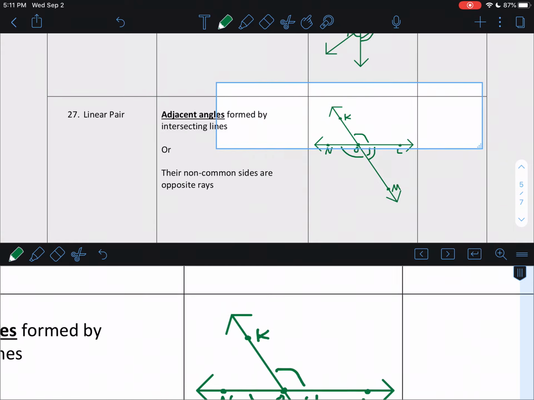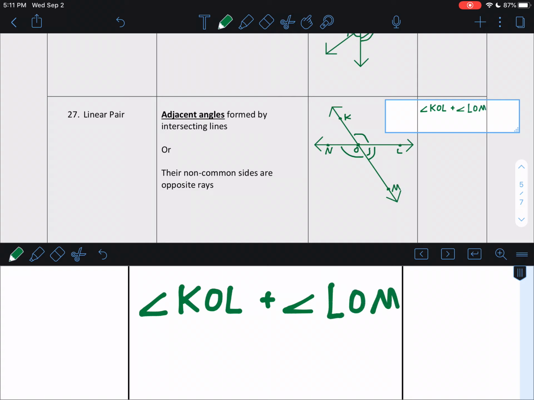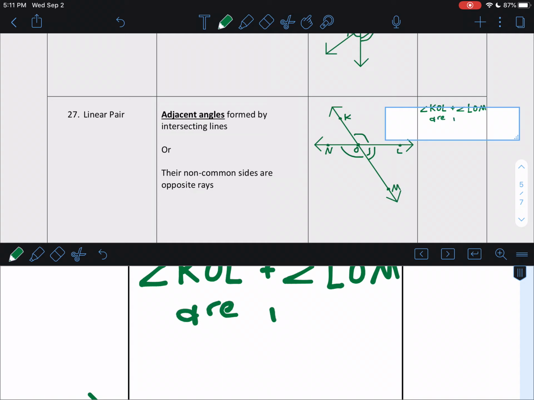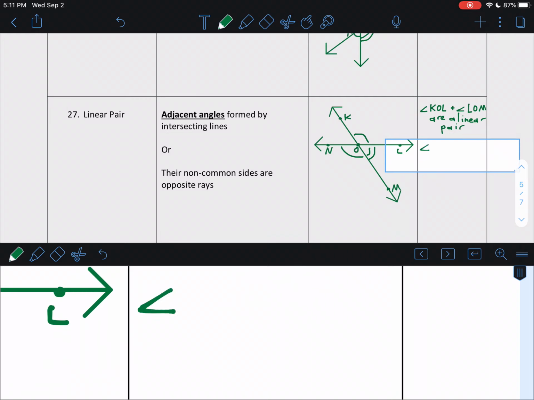So even though there's like no real way to name linear pairs specifically, I can say that angle KOL and angle LOM are a linear pair. I can also say the exact same thing about angle LOM and angle MON.